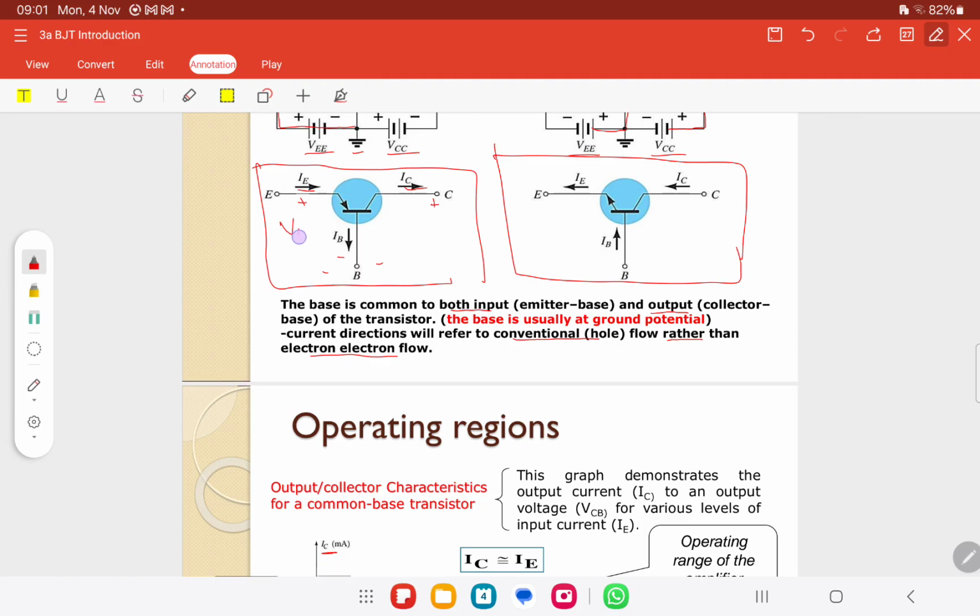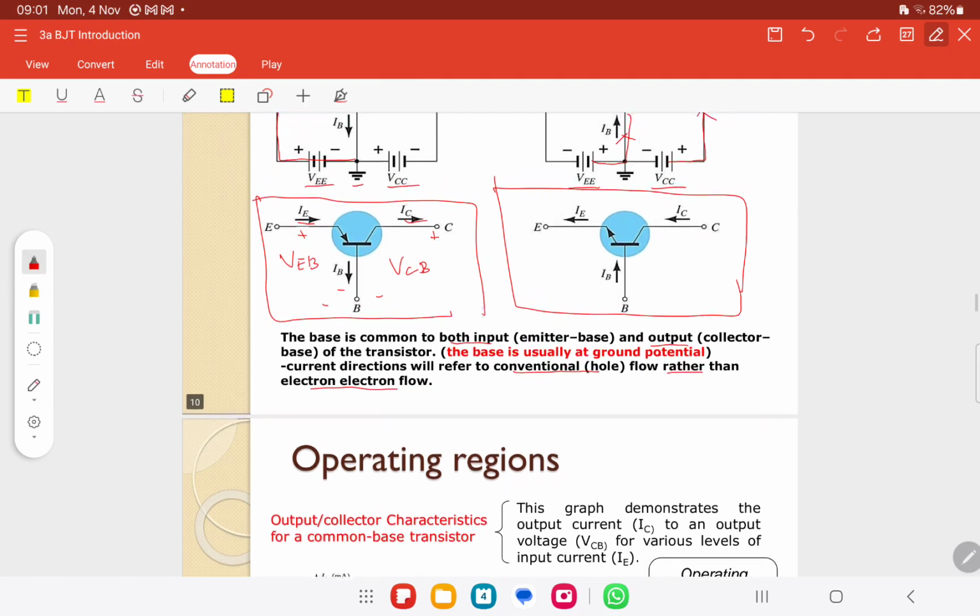So this is VEB. This is VCB, because it is between C and B. Okay, VEB equals VBE, it is reversed from VBE, equals 0.7. Say VBE is 0.7, VEB is minus 0.7 all the time.